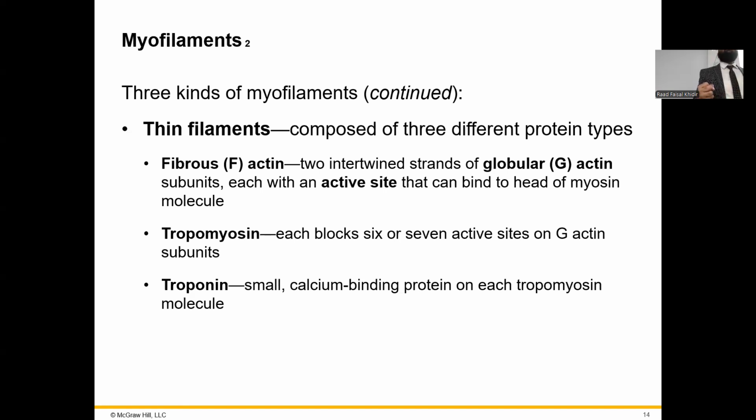Remember we said myosin has a golf head, so the golf head will bind the actin, and that's how they're going to contract. Then you have tropomyosin that will block 6 or 7 active sites on the G-actin, and troponin is a small calcium binding protein on each tropomyosin.